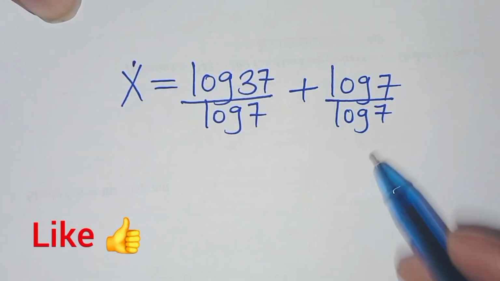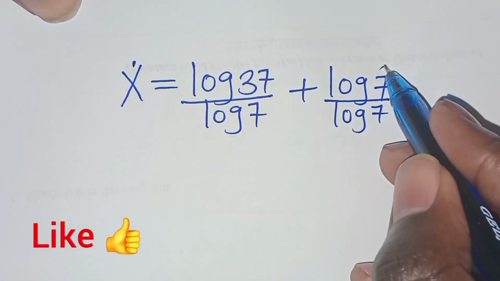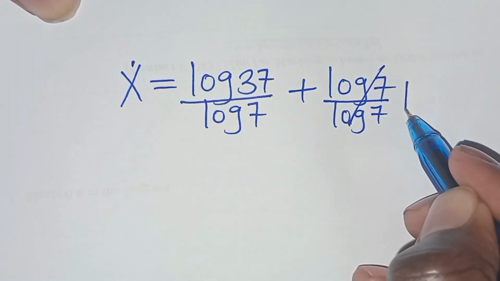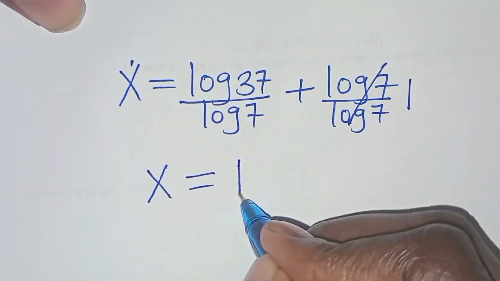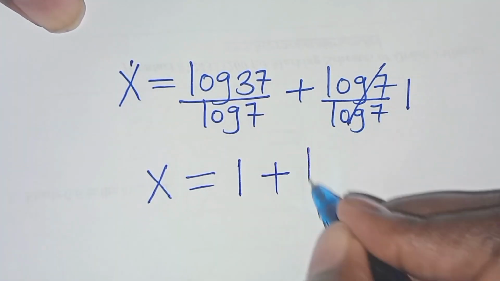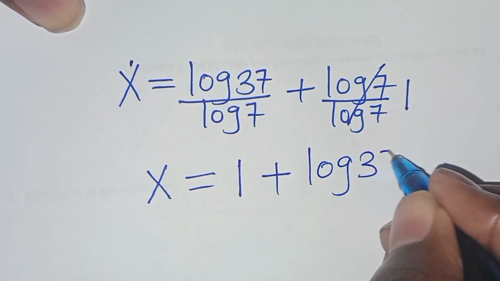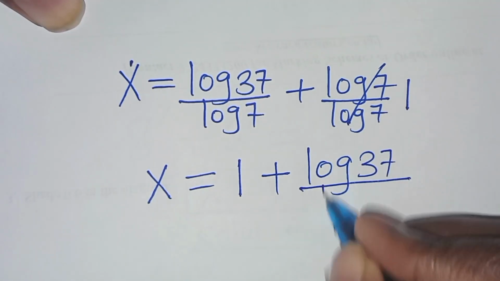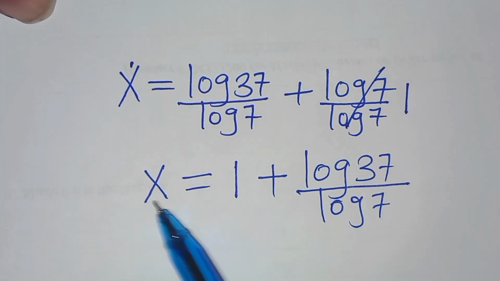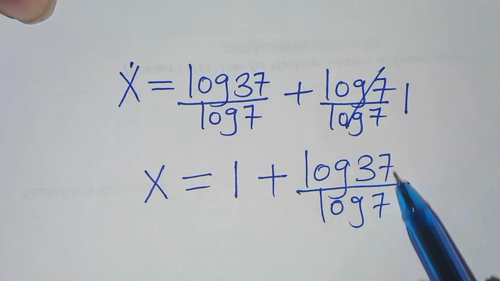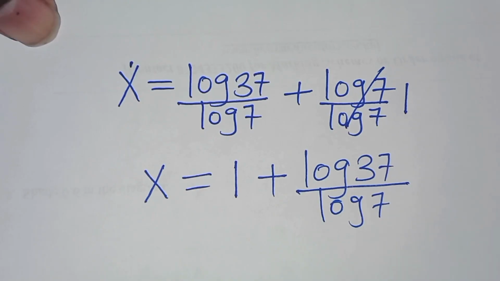The next step is to simplify. Log 7 and log 7 simplify, so this is 1. We have x is equal to 1 plus log 37 over log 7.